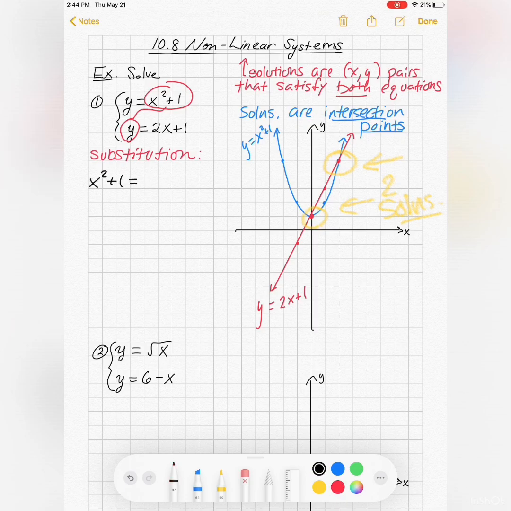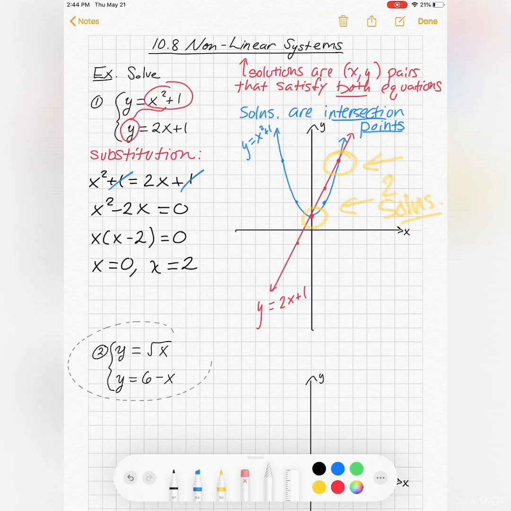aren't I really just setting the two equations equal? So let me see, subtract the 1's and then subtract the 2x. This is quadratic, so I set it to 0. Factor out the x. So my solutions would be 0 and 2.